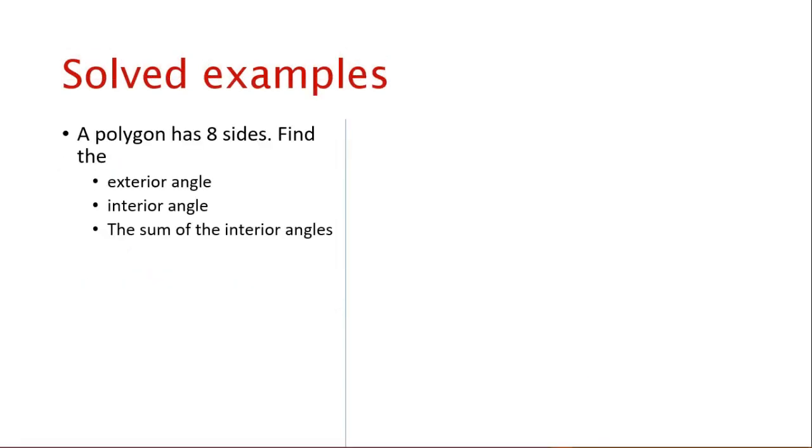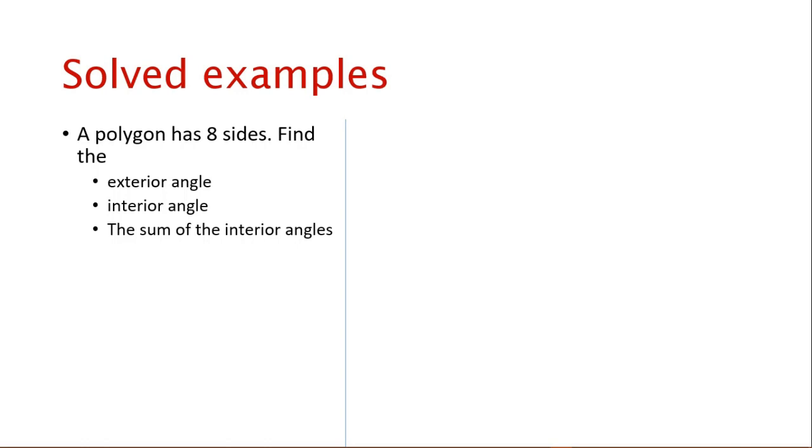A polygon has 8 sides. Find the exterior angle, the interior angle, and then the sum of interior angles. So we are finding exterior angle, interior angle, and then sum of interior angles. The only parameter we have here is the sides, 8 sides.